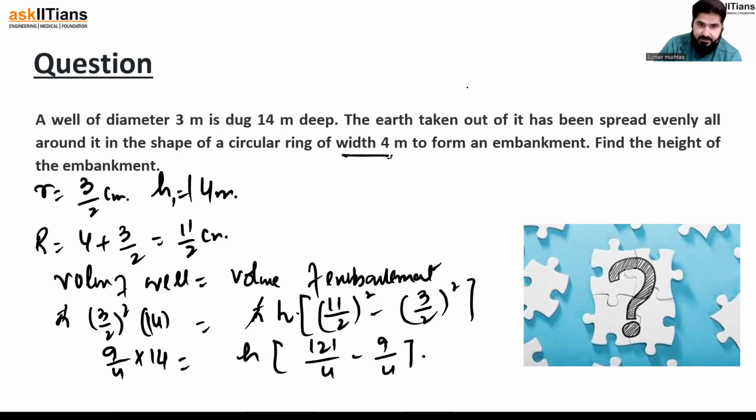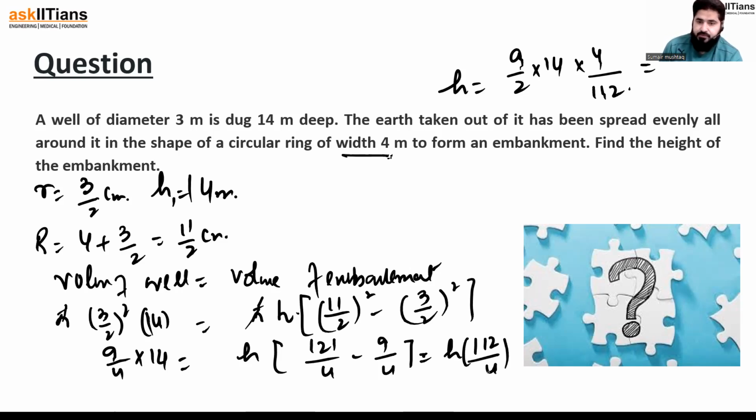So h will be equal to 9 by 4 into 14 multiplied by 4 whole divided by 112, because this will give me h into 112 divided by 4. This 4 will be on that side.